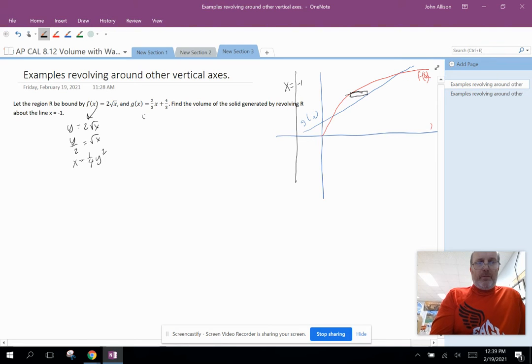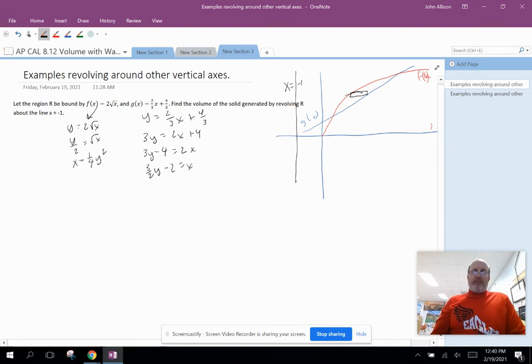And then we're going to do the same with this curve. So y equals 2/3 x plus 4/3. Multiply both sides by 3 and get 3y equals 2x plus 4. Subtract 4 from both sides, and then divide by 2 and get 3/2 y minus 2 equals x.